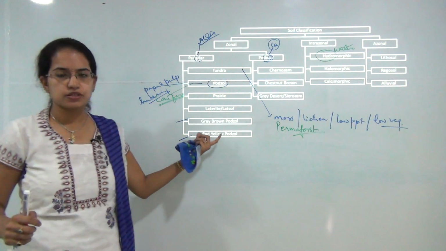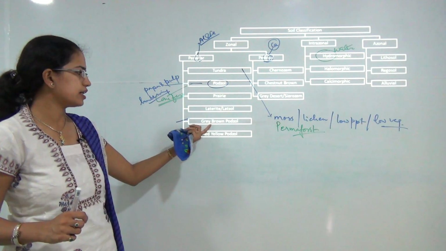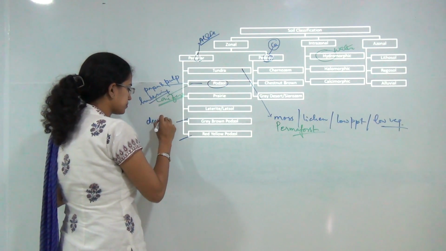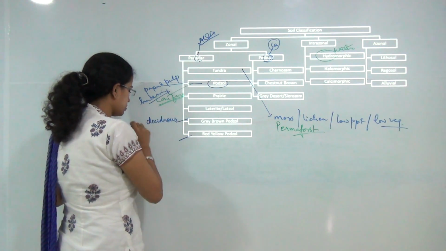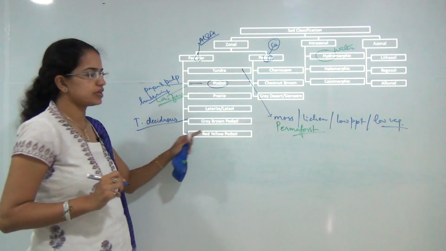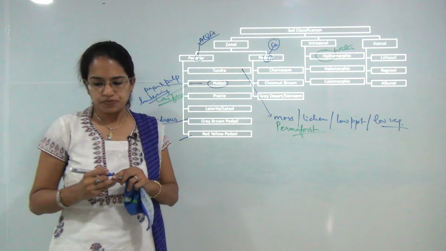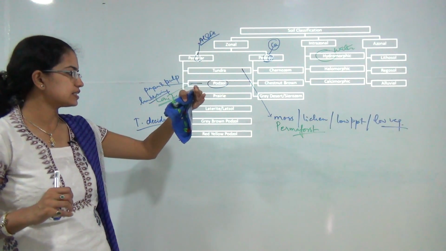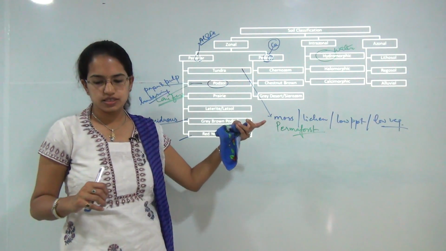So the grey-brown podzols are formed in the mid-temperate, or I could say deciduous region. So you have temperate deciduous region where you can see the grey-brown podzols, commonly seen in Europe, northeast of United States and the adjoining regions.